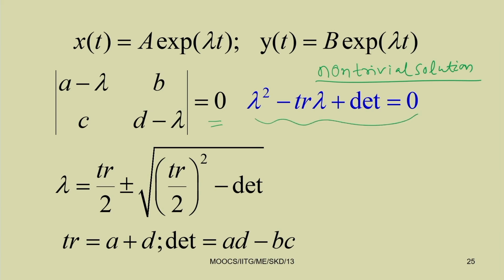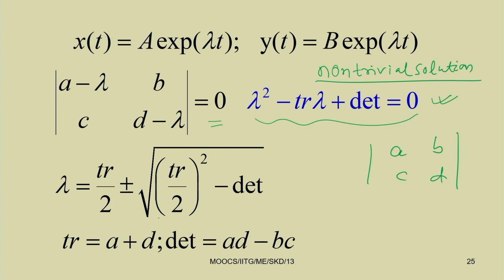By solving this you get lambda equal to trace by 2 plus or minus root over trace by 2 square minus determinant. For the matrix [a b; c d], trace becomes a plus d and determinant becomes ad minus bc.